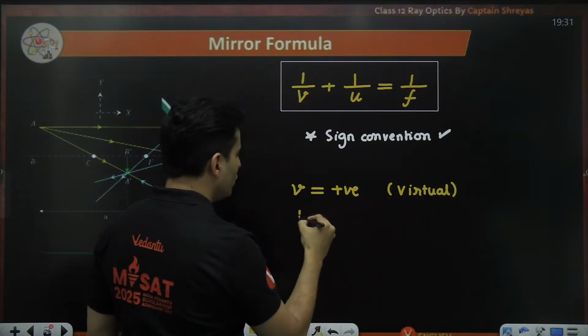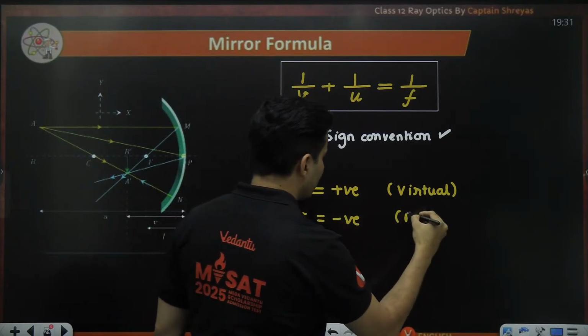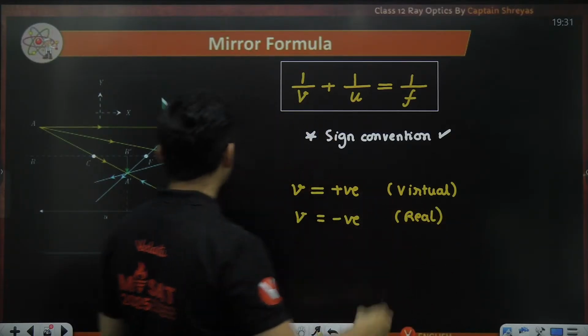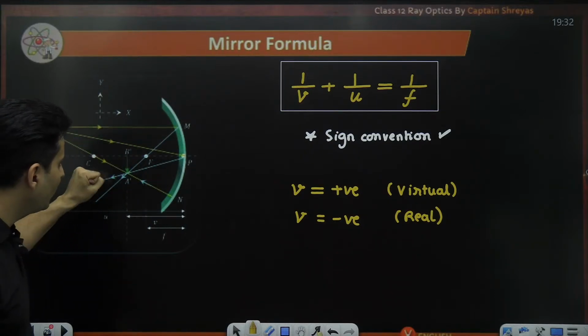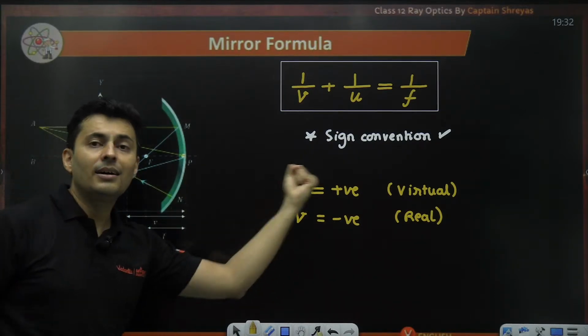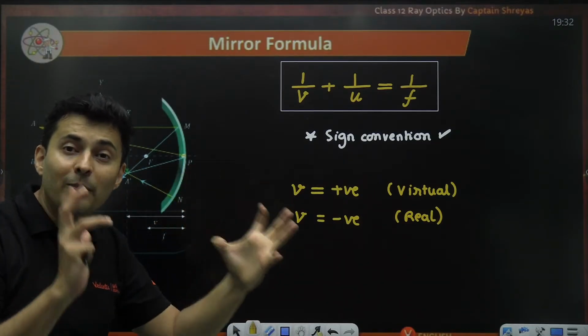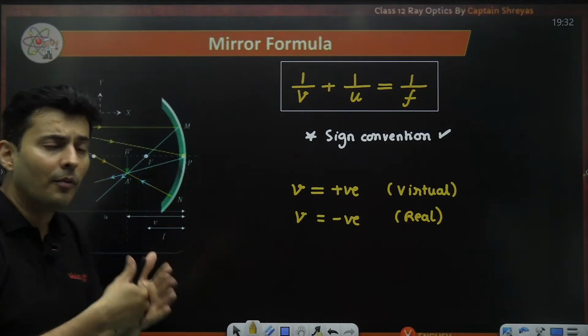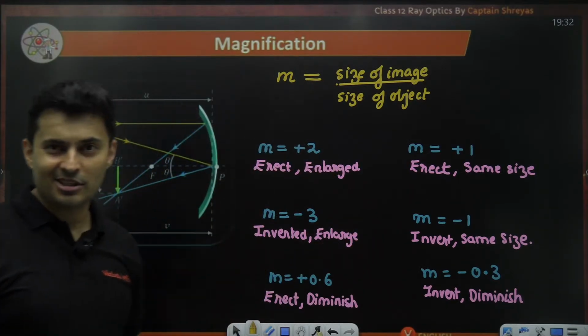And if V value is negative, then it is on the real side. If V value is negative, that means the rays are actually meeting over here on the negative side, then it is a real image which is formed. So this is how you can get a complete picture, whether it is real, virtual, erect, inverted, enlarged or diminished.